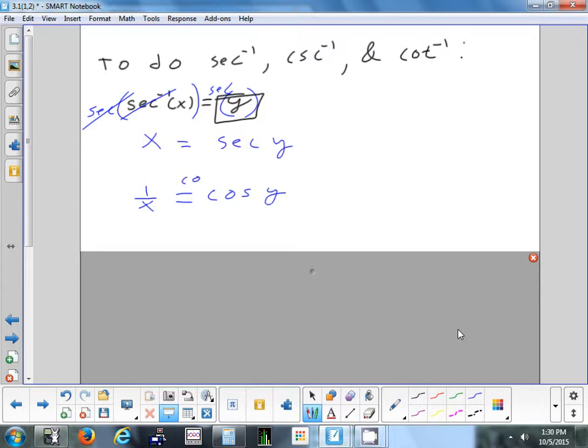Right, so our last step, take the inverse cosine of what's on the right, do it on the left, and look what happened. We've got a formula for y. We have y by itself. That's exactly what we had to start with. But look what's on the left now. Inverse cosine of 1 over x.